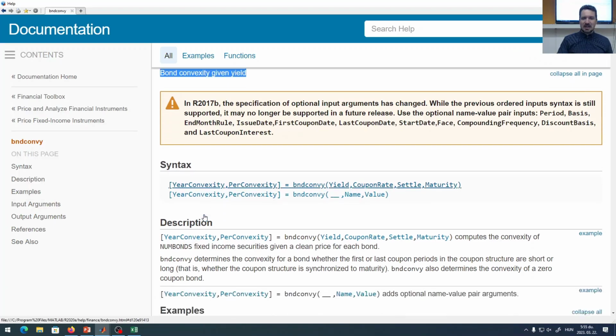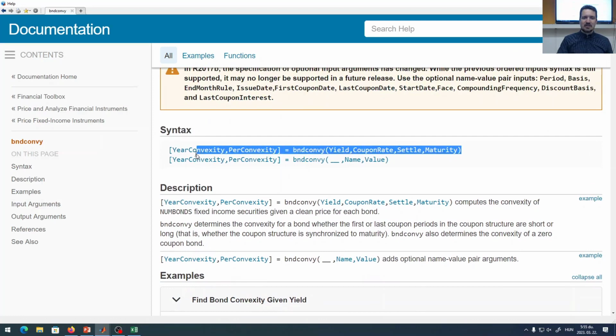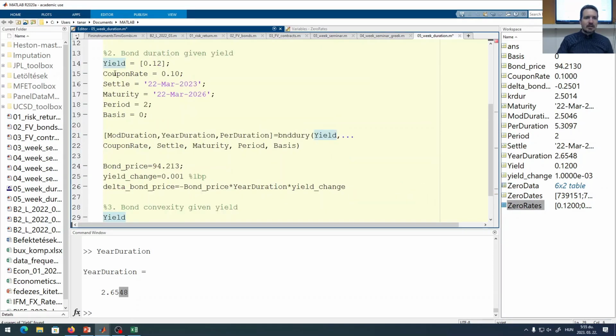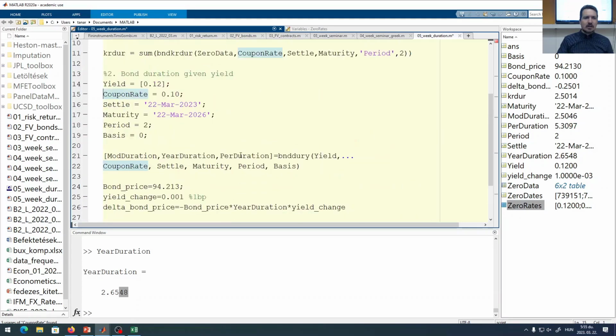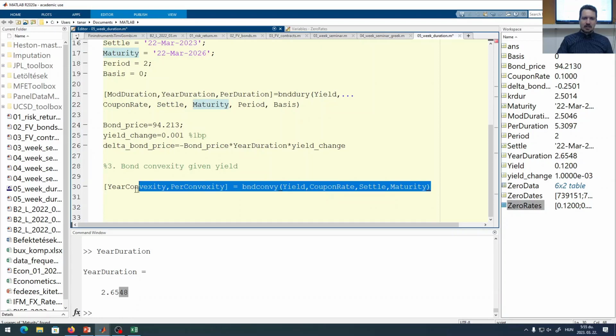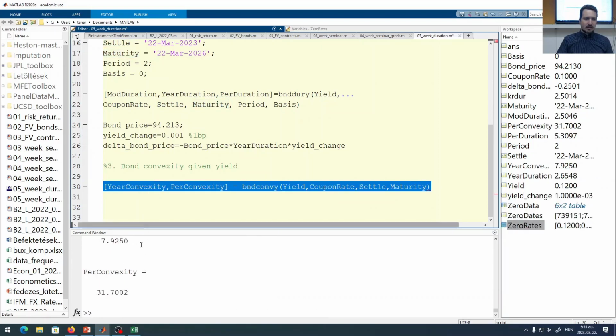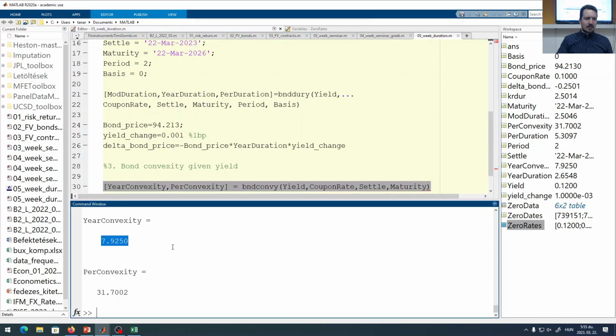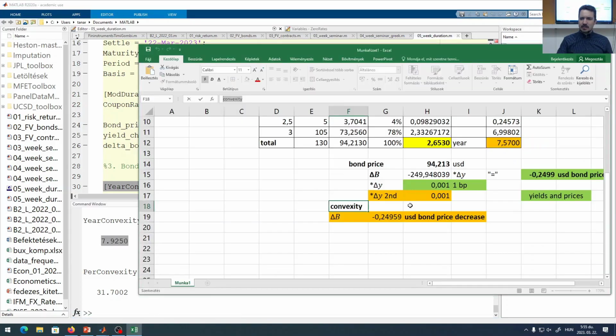Practically, we could calculate it easily without functions, but if they have fancy functions, then why not? So we have yield, we have coupon rate. Practically we have already this thing, so we don't need to overwrite it. Settle, maturity. Then let's go ahead and check here. Convexity, so 7.9. It's familiar.